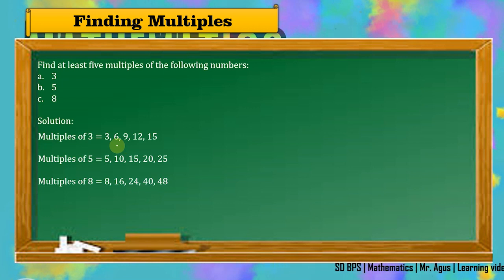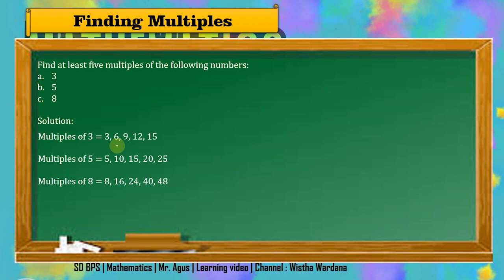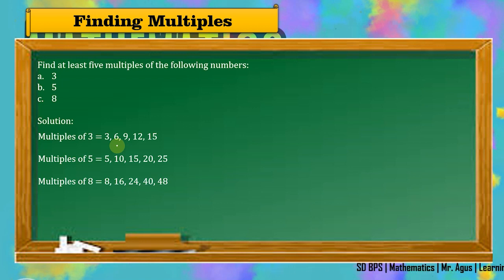You can find more than 5 multiples of 3, but in this case the question asks you to find at least 5 multiples of 3. If you want to find more, you can write 18, 21, 24 and so on.